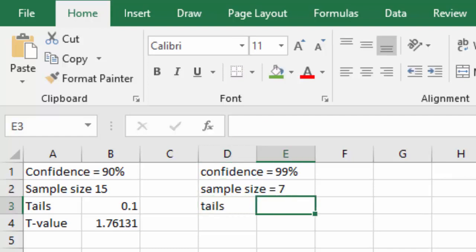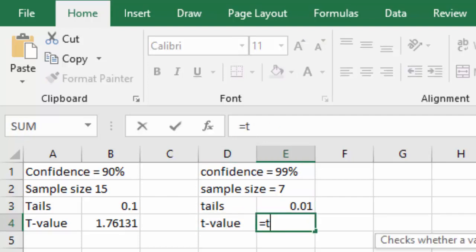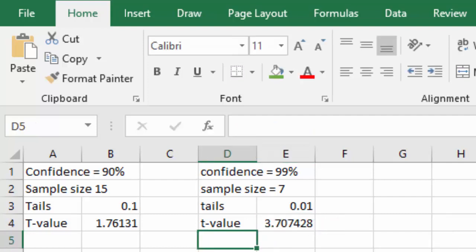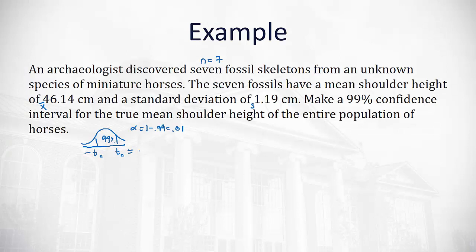So in the tails, we just said was 0.01, so our t value is equal to T.INV.2T, the probability of 0.01, comma, the degrees of freedom, which is 1 less than the sample size. 7 horses, degrees of freedom is 6. Our t value is 3.71.